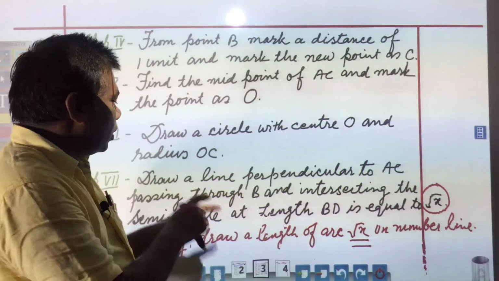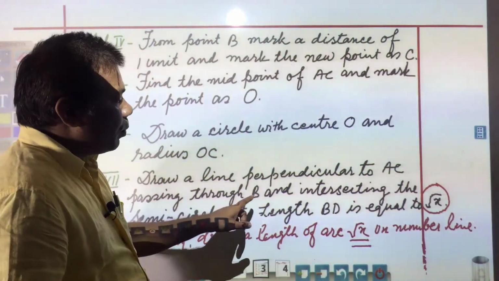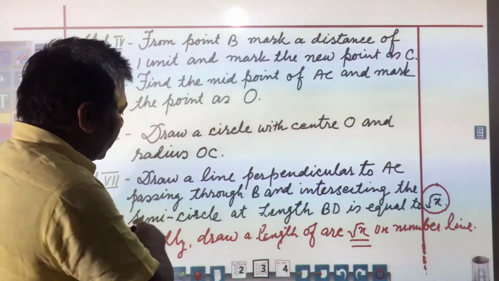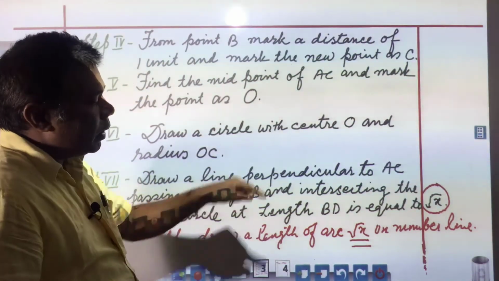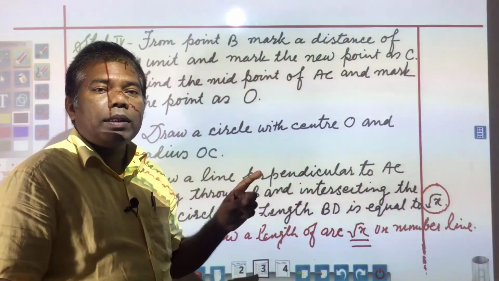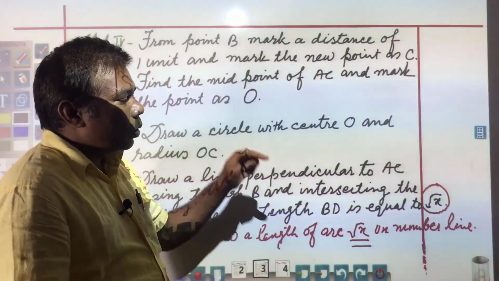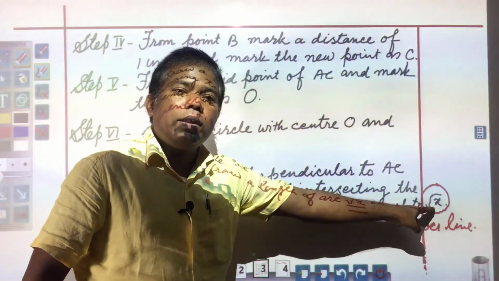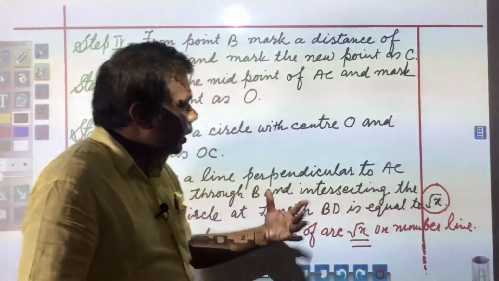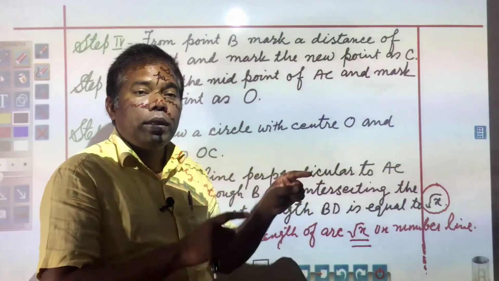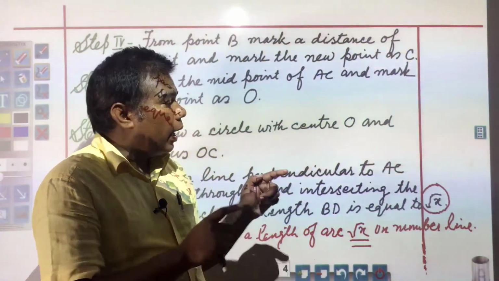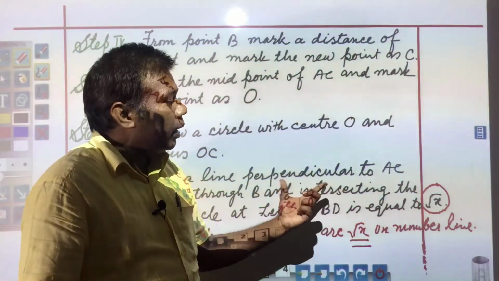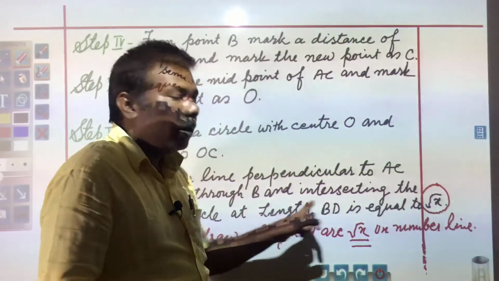It means at point B you draw a perpendicular line on AC and that perpendicular line will intersect the semicircle at point D. So, finally, the length BD that you get will be root x, which you wanted to find. This root x is measured with the help of your compass and that length is marked on the number line. So, finally, you will get root x on the number line.